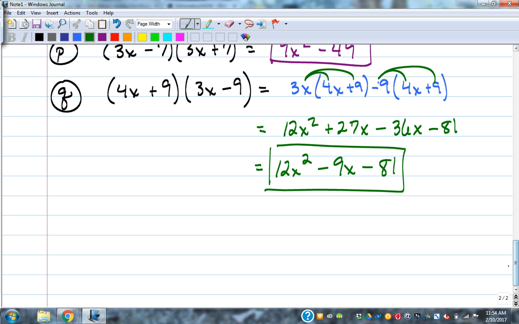Let's do one more. There are no other shortcuts that we're going to learn in this particular class. There are some that we'll talk about when you get to Algebra 2. What if they flip it around like that? Put the number in the front and the x in the back. Okay, so what's the answer then?